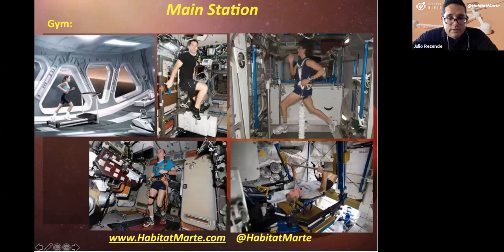Another important element in the station is physical exercise, the workouts. Here we have some images in the International Space Station, the ISS. It's very important in space.